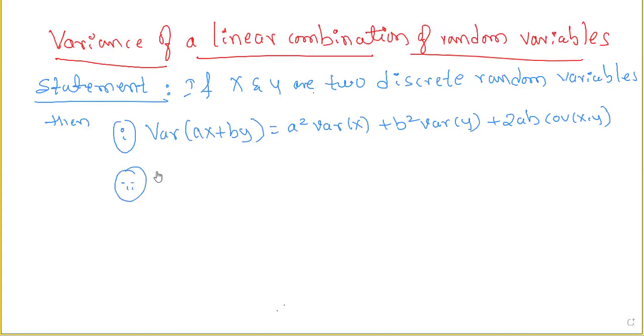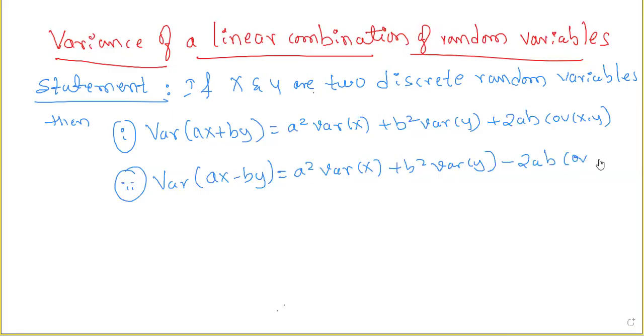Then one more statement, that is variance of ax minus by, which is equal to a square into variance of x plus b square into variance of y minus 2 times of covariance between x and y, where a and b are any two real constants. Right?